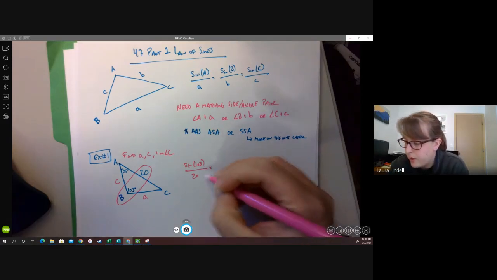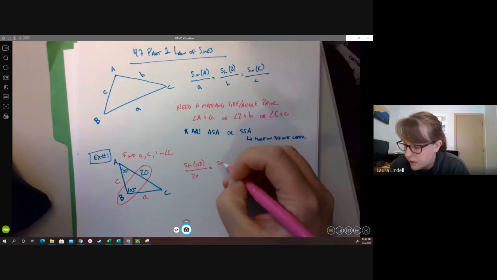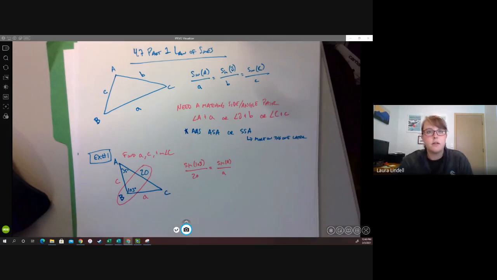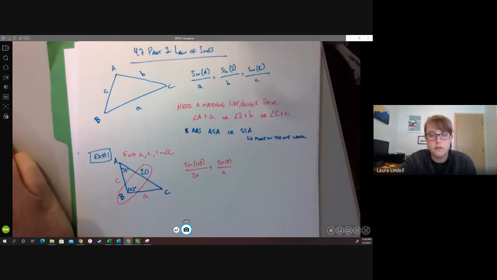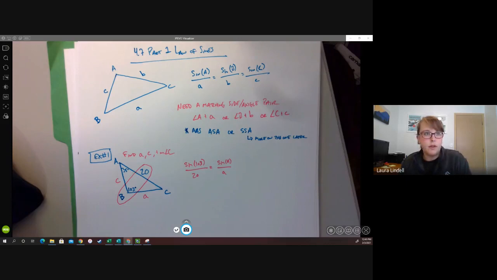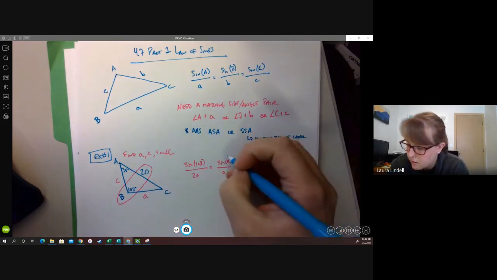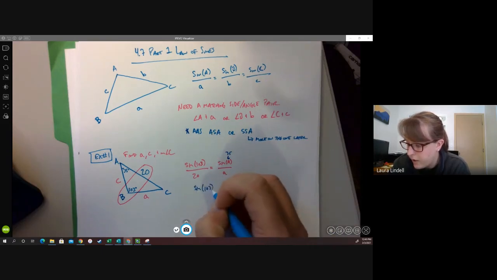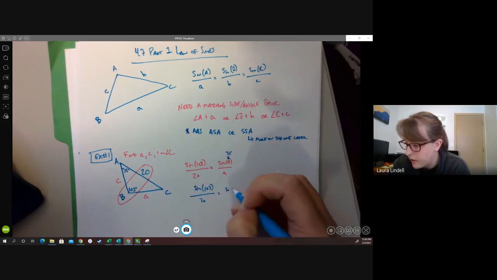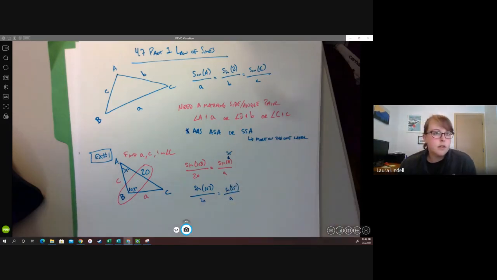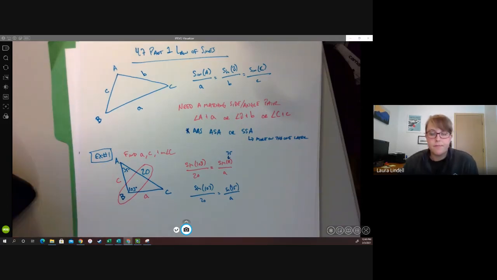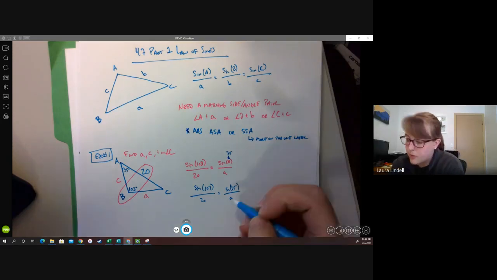We know that sine of B over side B is equal to sine of A over lowercase a. So all we have to do there is, we know what angle A is, so I'm going to put 35 in there. We get sine of 103 over 20 equals sine 35 over A. Then we can cross multiply here.